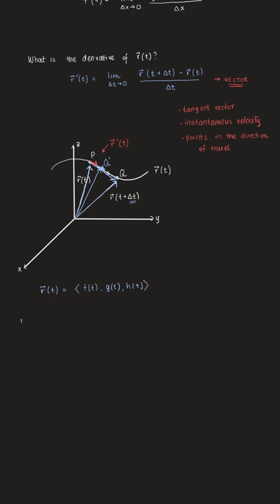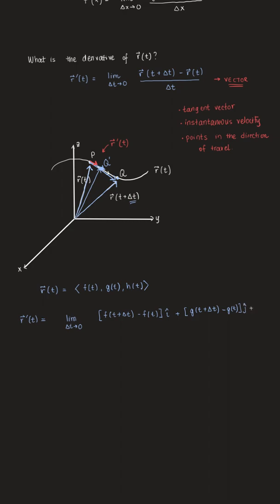When we find the derivative of our vector function, we're going to take the limit as delta t approaches 0, and r of t plus delta t would mean that in our i component, we're going to have f of t plus delta t minus f of t i hat, plus in our y component, g of t plus delta t minus g of t j hat.